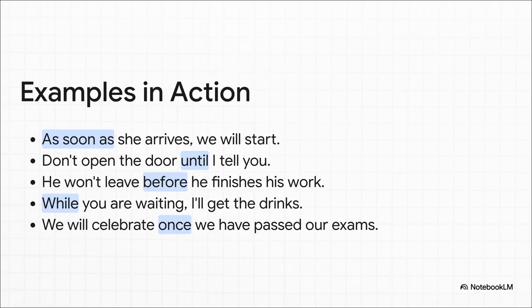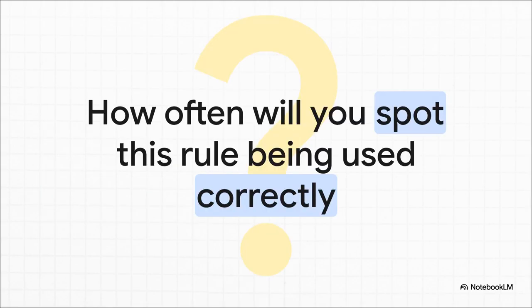He won't leave before he finishes his work. See? It doesn't matter what the time word is. As soon as, until, before, while, once. The verb that comes right after it is always in the present. The main part of the sentence can have will or be a command, but that time clause, it follows the rule. So now you're in on the secret of future time clauses.